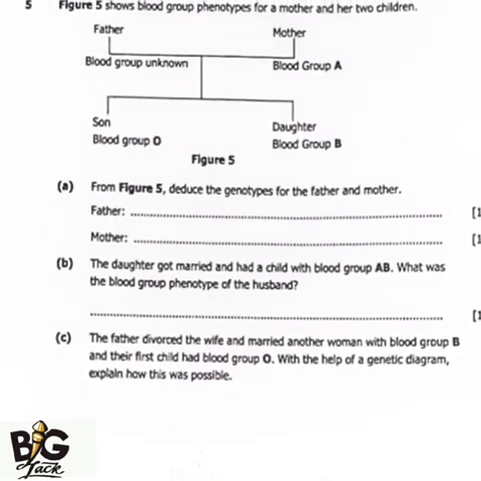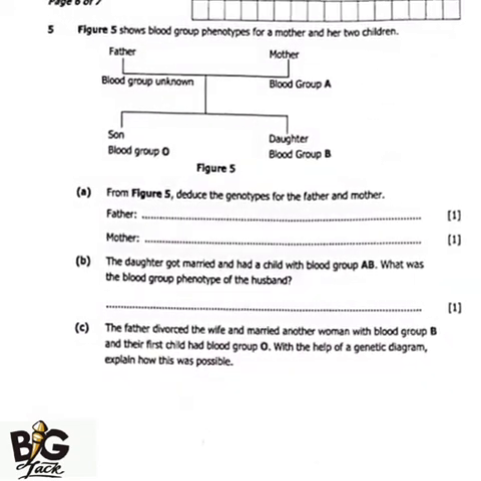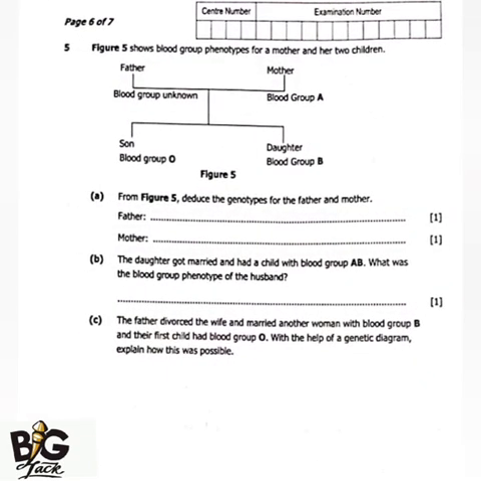Then the last one, question 5, is coming from genetics. It is saying figure 5 shows phenotypes for a mother and her 2 children. A phenotype is the outward appearance of a living organism. So we have the father, whose blood group is unknown.